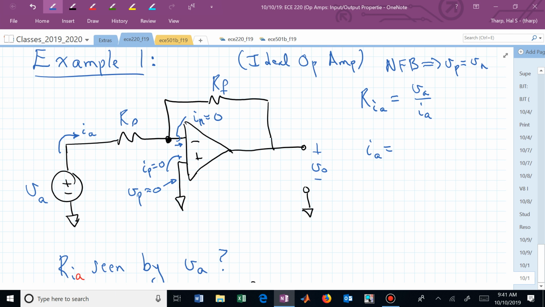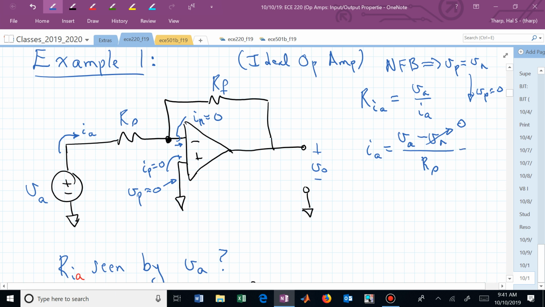Now we know the voltage dropped across that resistor. It's V sub A minus V sub n, V sub A minus 0, divided by the resistance, and that will give us our current. We now can say that I sub A is V sub A minus V sub n over R sub S. But this was 0 because V sub P was equal to 0.